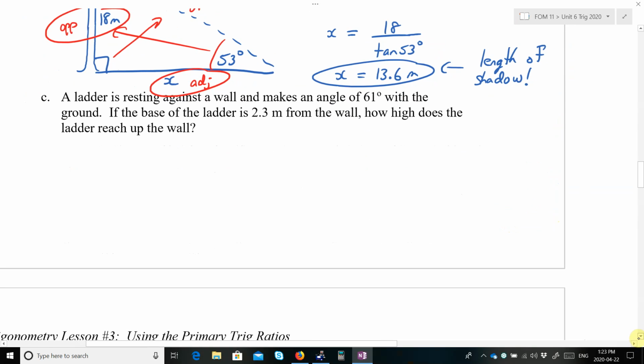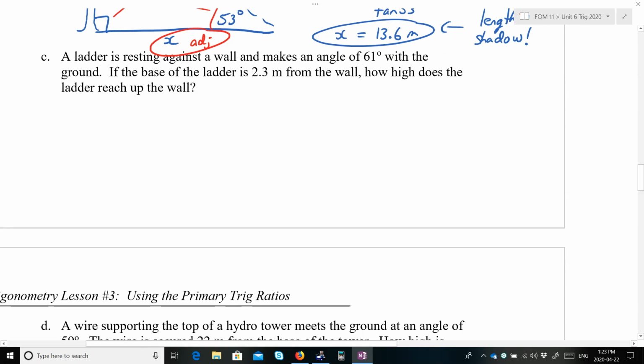Alright, let's check out C. A ladder is resting against a wall and makes an angle of 61 degrees with the ground. If the base of the ladder is 2.3 meters from the wall, how high does the ladder reach up the wall? Okay, so we've got a ladder like this. We've got the wall. And we have the ground.